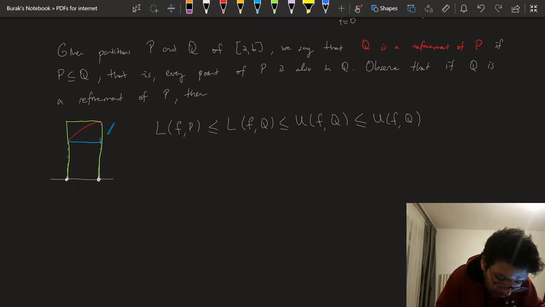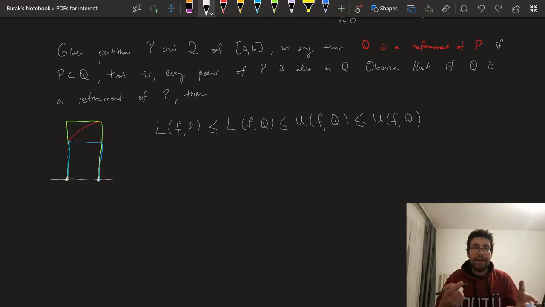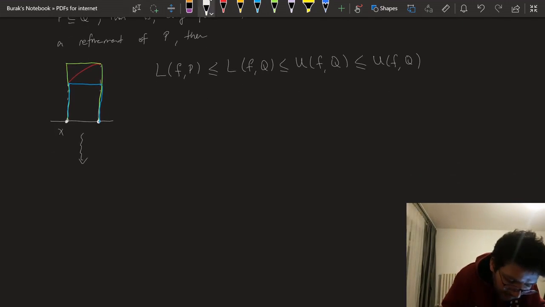Now, pretend that you add more points to P. This need not happen all the time, but it is possible that if you have a refinement, maybe you put an extra point in between.